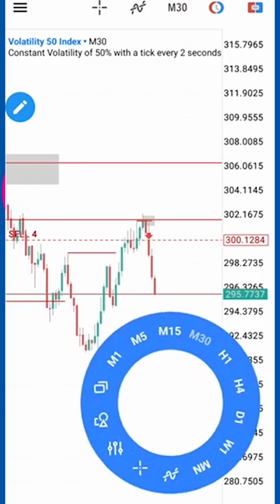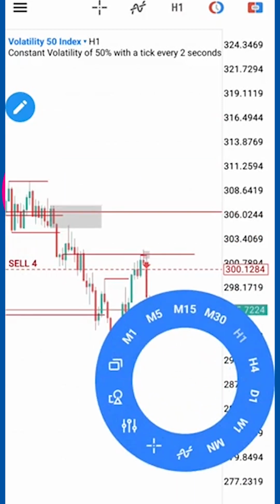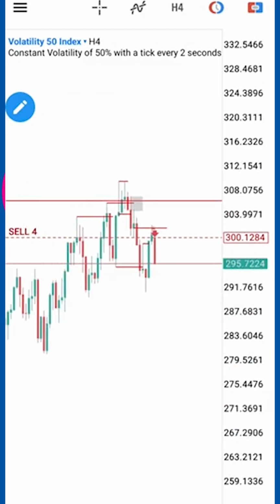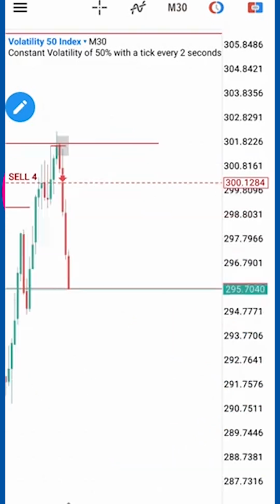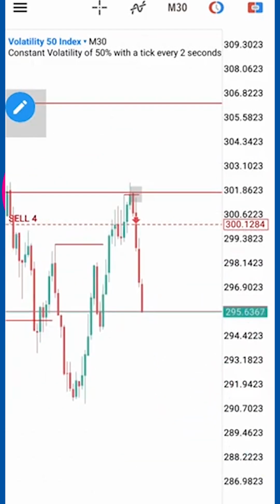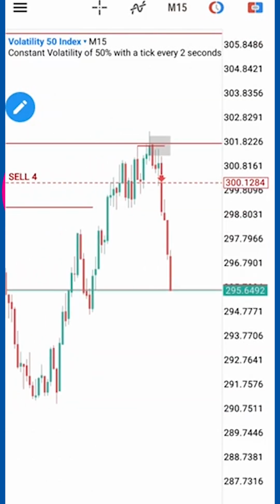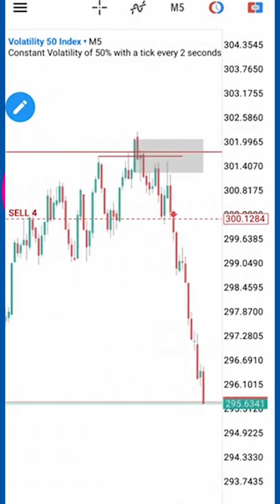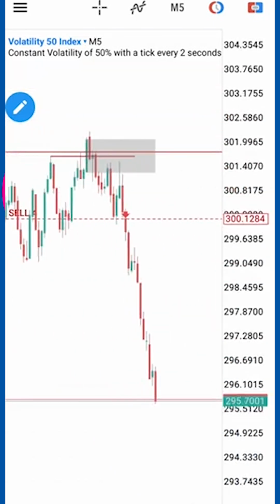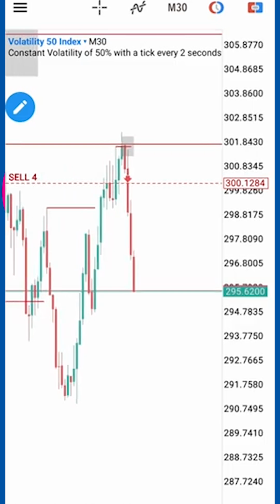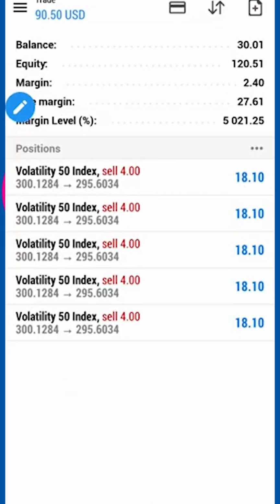Okay, so afterwards, I think this is obvious. It dropped nicely, you can literally see. Price did not even retrace back up. Literally right after we sold, it just kept on plummeting down, and right about now we're in a good amount of profit.